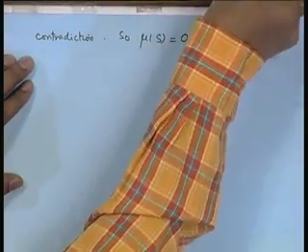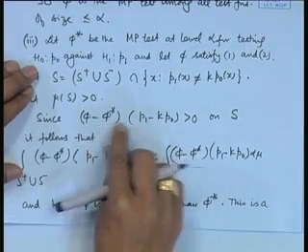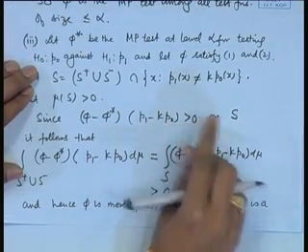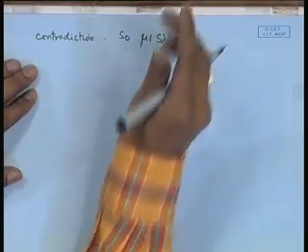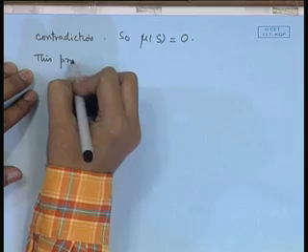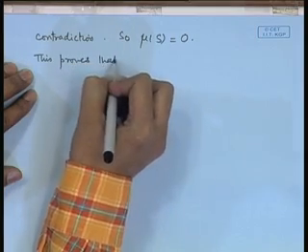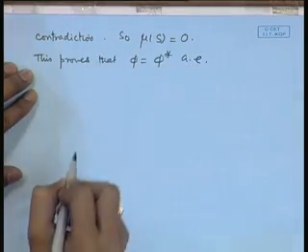That means the set where phi minus phi star into P1 minus K P naught is greater than 0 must have measure 0. This proves that phi and phi star are same almost everywhere.